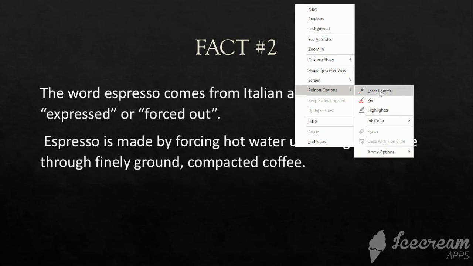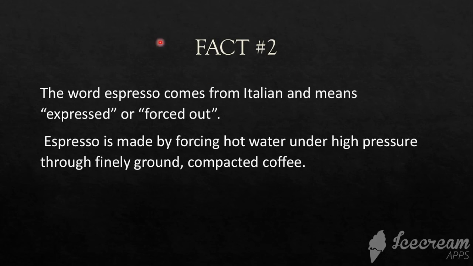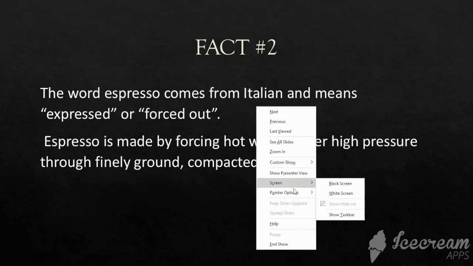Laser pointer helps you to draw attention of your audience to a certain point on the slide. Pen allows you to draw on the slide.